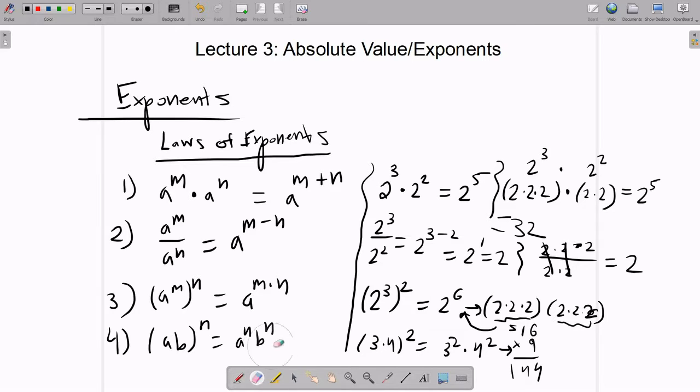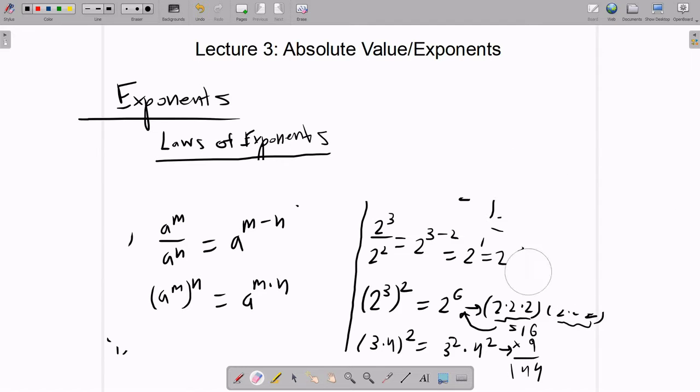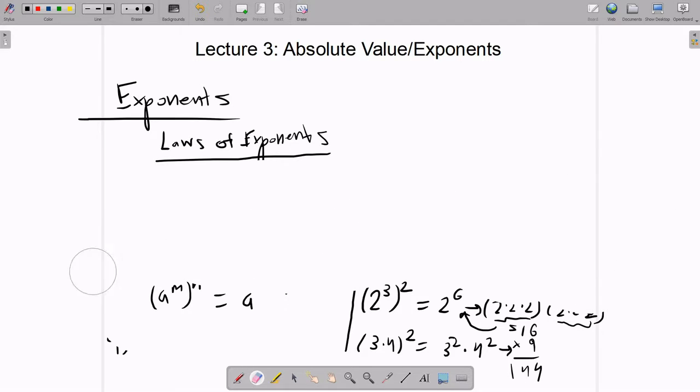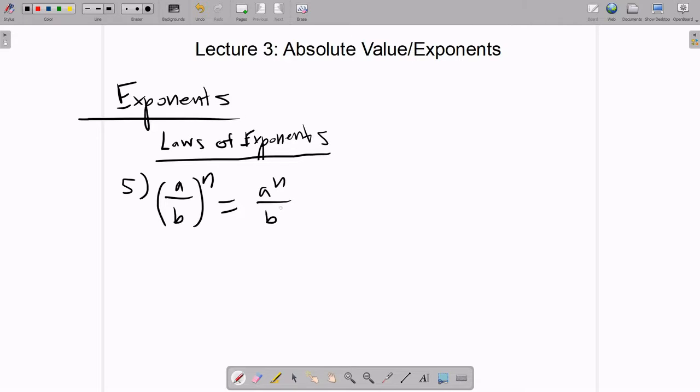And the last law, I'm going to make some room here, would be division of 2 bases. The fifth law will be a over b raised to the power of n is equal to a to the n over b to the n.